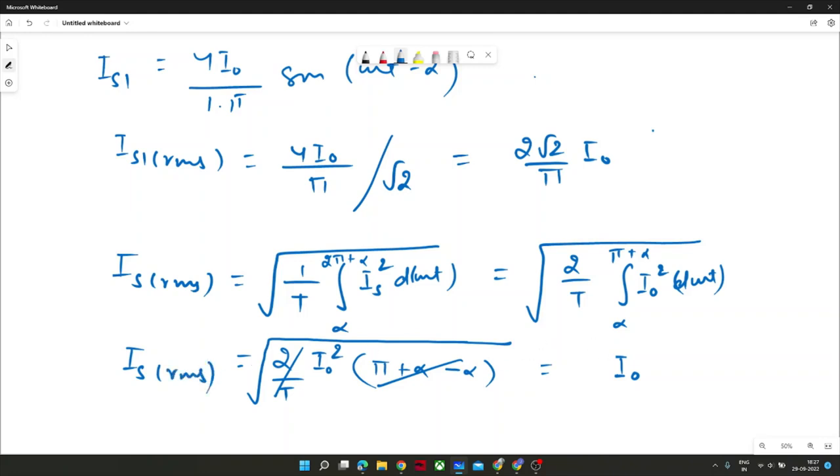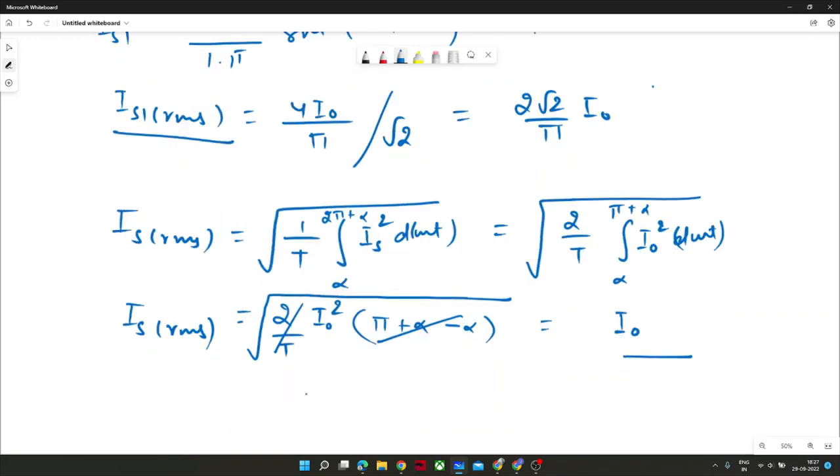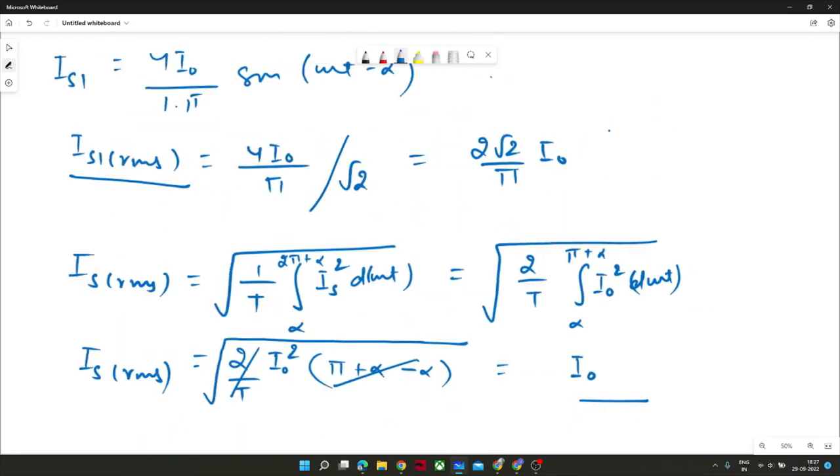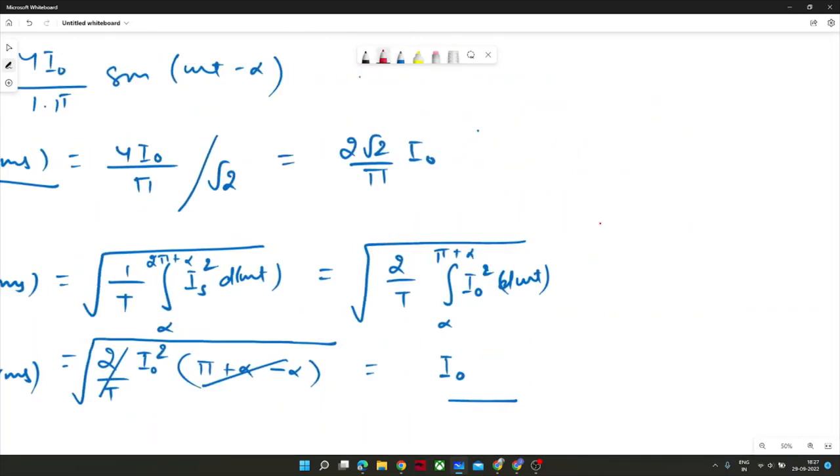It should be, but you can ask. So we calculated IS1 RMS and IS RMS, and now we need to take the ratio between them. So this would be IS1 RMS by IS RMS.